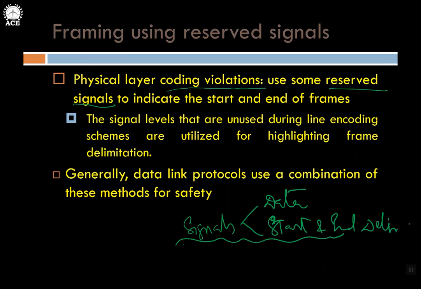For example, in the regular approach for data, I may use +5 voltage and -5 voltage for 0 and 1. For starting and ending delimiters, I may use +3 voltage and -3 voltage. So by means of signal levels, we can differentiate between frames through the special signal. Generally, data link protocols use a combination of these methods for safety purposes.